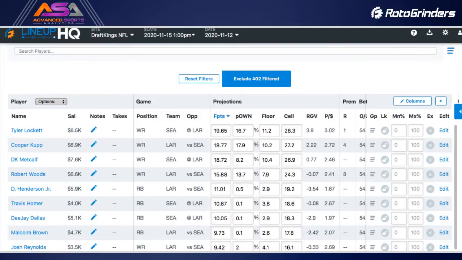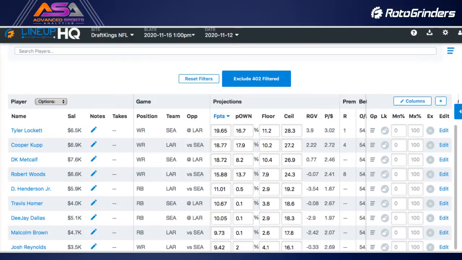So there's this tier of Los Angeles, Raiders, Steelers, Bucs, Browns, Seahawks, Bills, where it's super tight and there's not a whole lot separating them in terms of likelihood of scoring the most points.